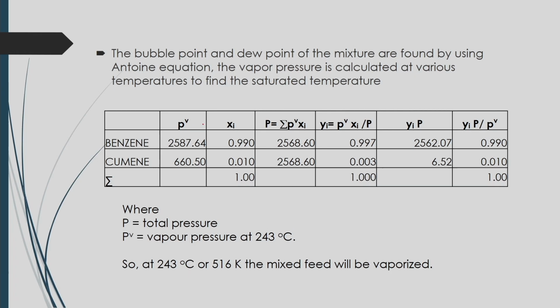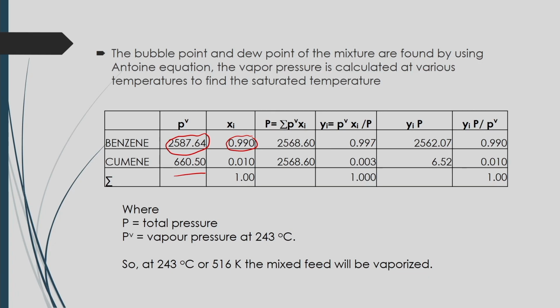In that case, the vapor pressure for benzene is coming to 2587.64, and for cumene it is 660.50 as per the data here.